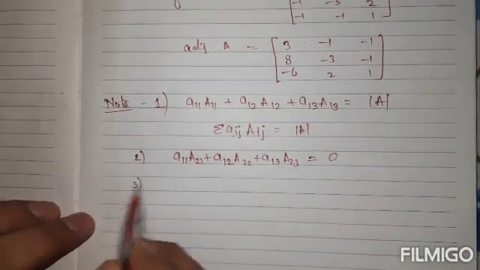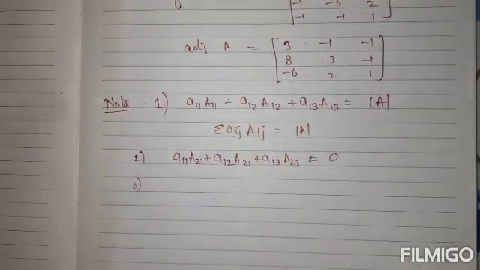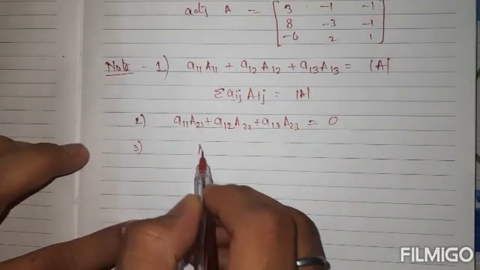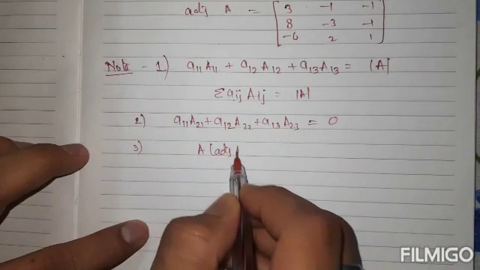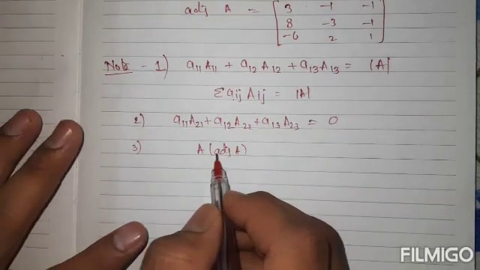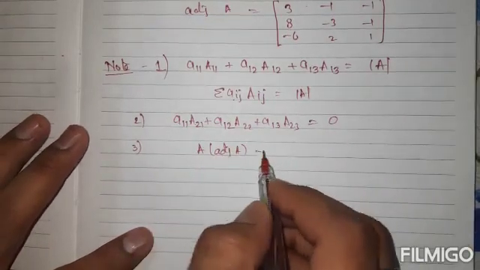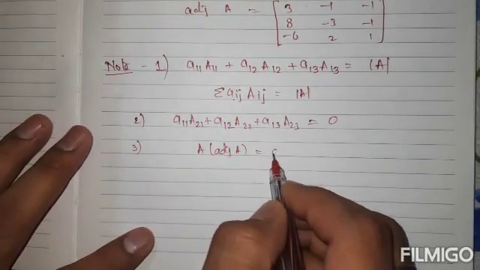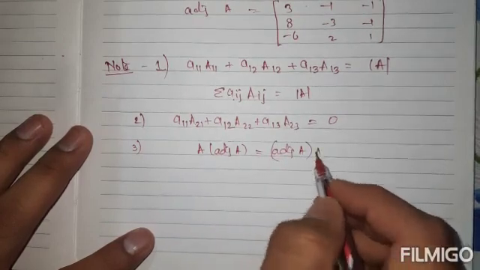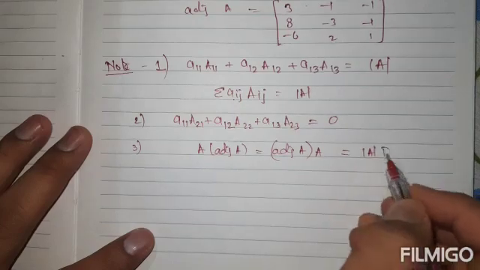Third thing, based on this only, we have got this result that A into adjoint of A, means if A is any square matrix and its adjoint is found, then A into adjoint of A is equal to adjoint of A into A is equal to mod of A into I.